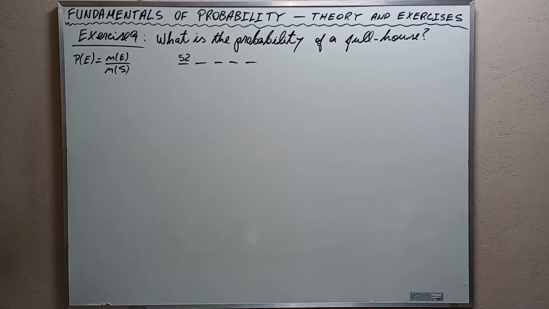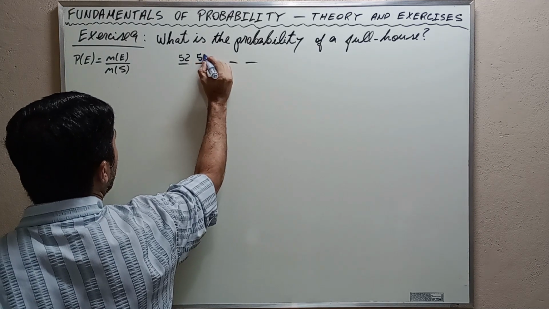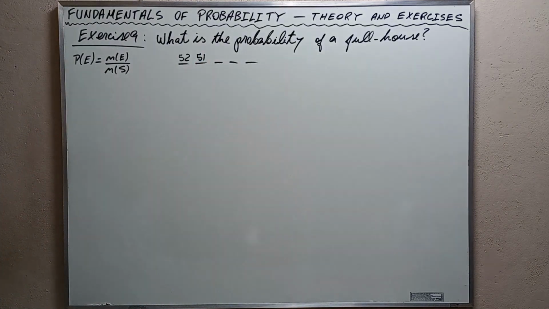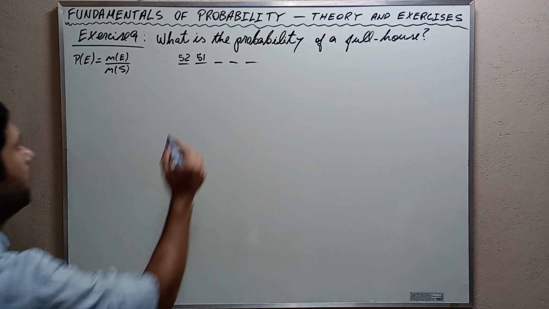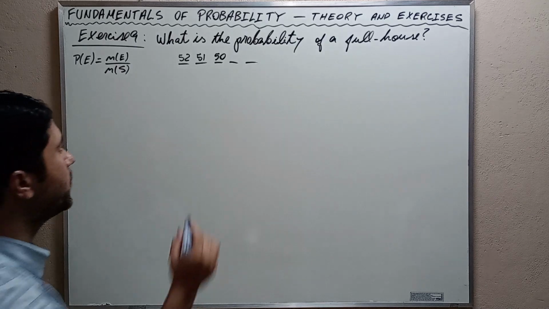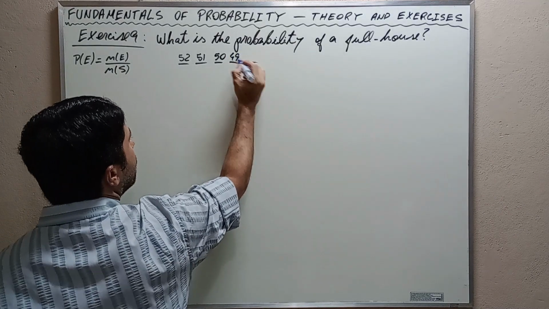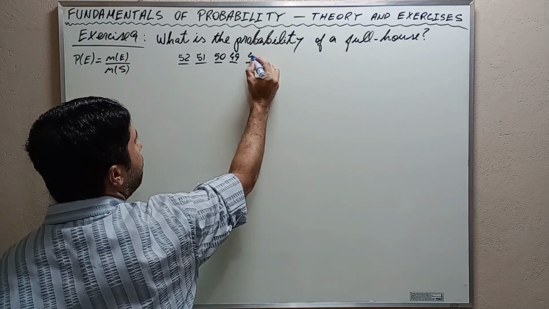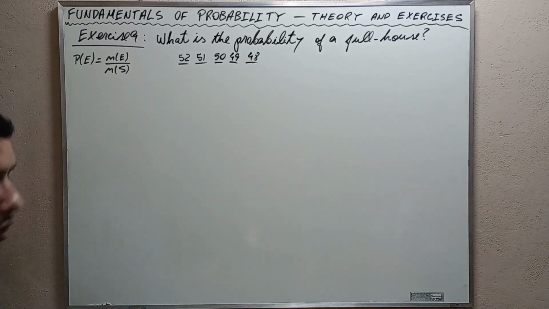So there are 52 cards in the deck. As I already selected one, for the second selection I'm going to have 51 possibilities, and so on. 50 for the third selection, 49 for the fourth, and 48 cards for the last selection.